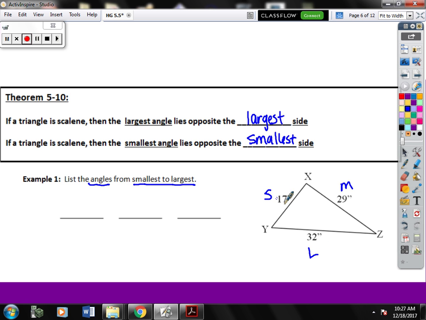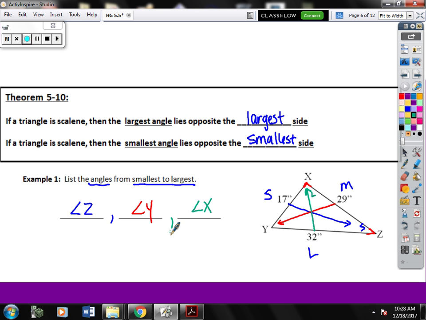Since this is the smallest side, the opposite angle is going to be the smallest angle, angle Z. The medium side was 29, so the angle across from it, not the angle that touches it, would be the medium angle, angle Y. And lastly, the largest side is 32. Its corresponding angle would be angle X, so ZYX.